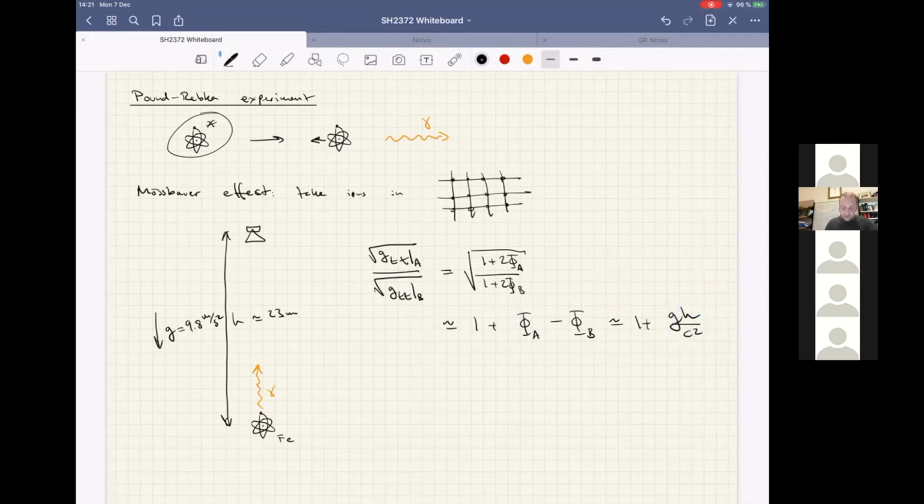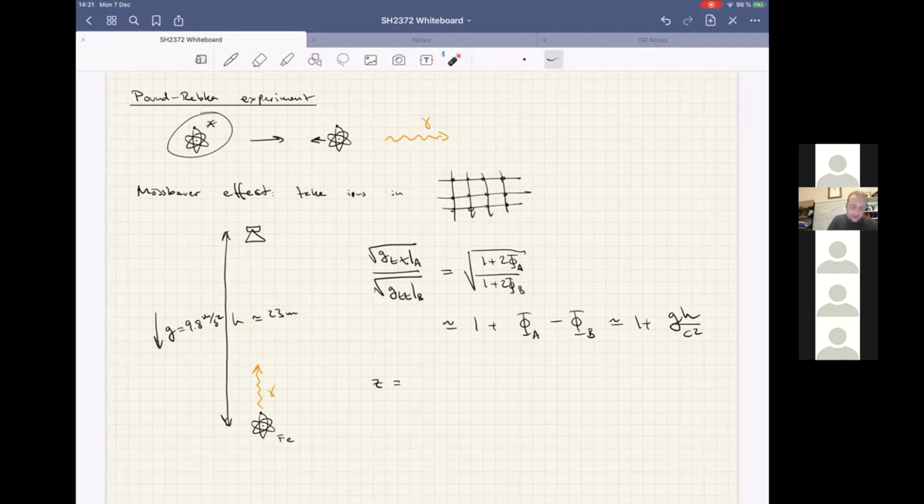So the point here is that if you look at the redshift, which is essentially going to be proportional to this gh over c squared, the redshift is going to be, if you just insert these values, you have 10 and you have something 10.